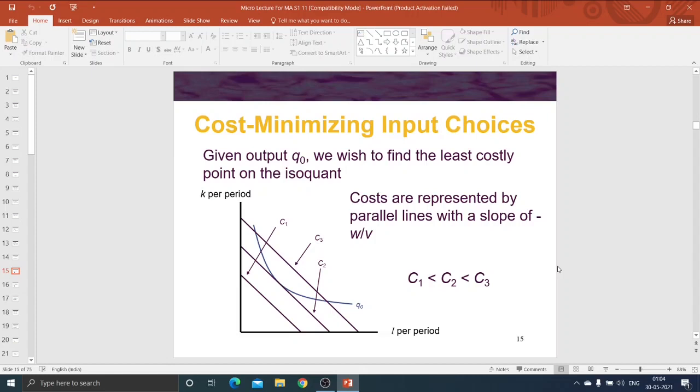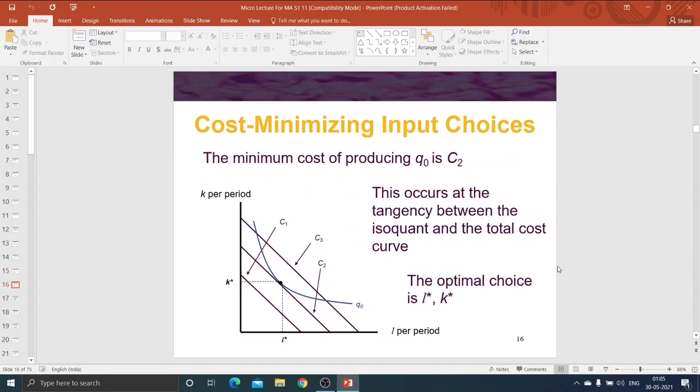So your convex production curve will tangentiate with one of these cost lines, and finally you get an optimal case. Costs are represented by parallel lines with a slope of W by V, with lower and higher cost lines.